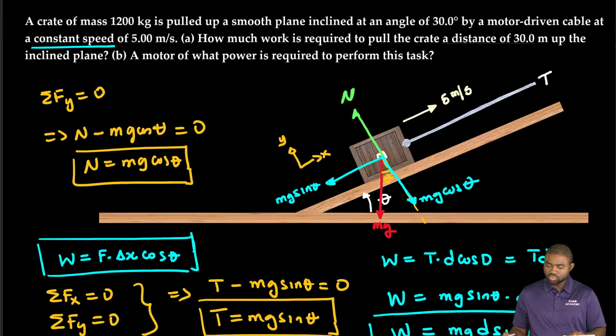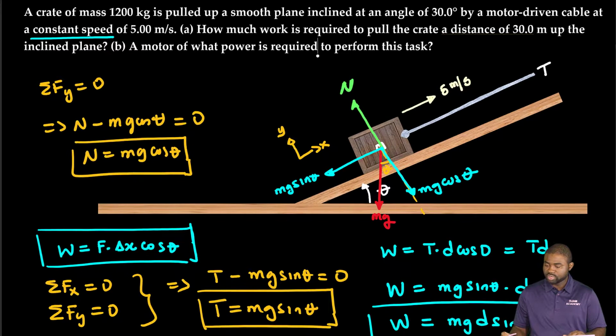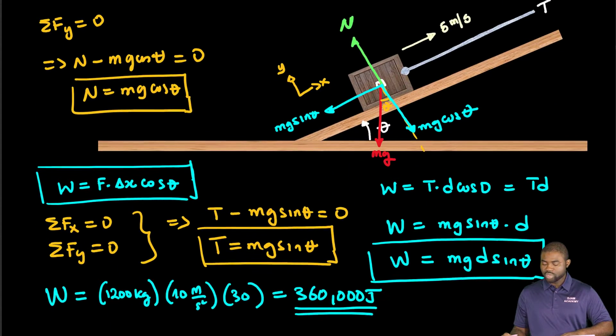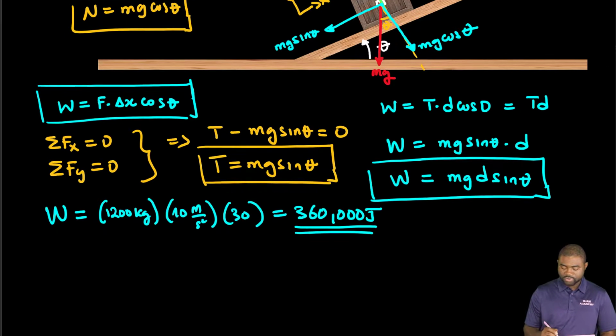This is the total work required to pull the crate a distance of 30 meters up the inclined plane. Now, the next question is, a motor of what power is required to perform this task?